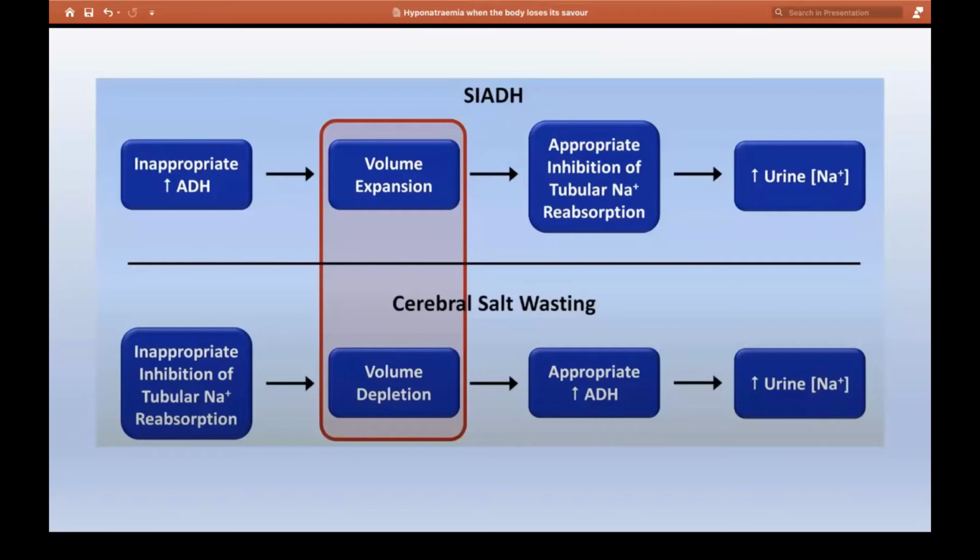Whereas in cerebral salt wasting, there is inappropriate inhibition of sodium reabsorption because of the increased ANP. Therefore, along with the salt, there is volume depletion. More and more urine is made and the patient goes into a hypovolemic state. And there is appropriate ADH and the urine sodium becomes higher.